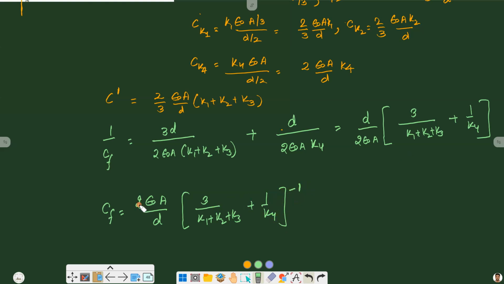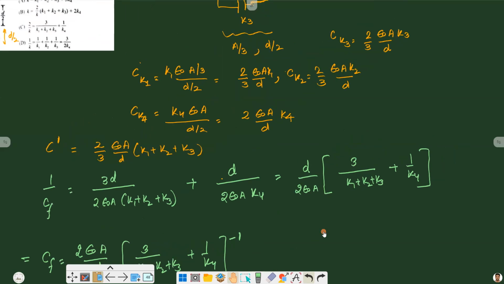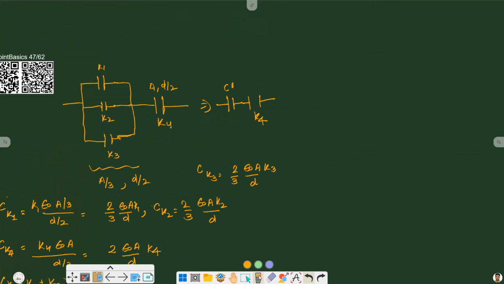Now, as it is asked that we have to replace all these dielectrics with a single dielectric of dielectric constant K, then its capacitance will be given by K times epsilon node A by D, and it should be equal to CF because this whole system is equivalent to our original system.